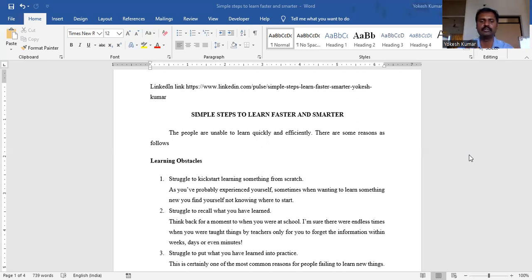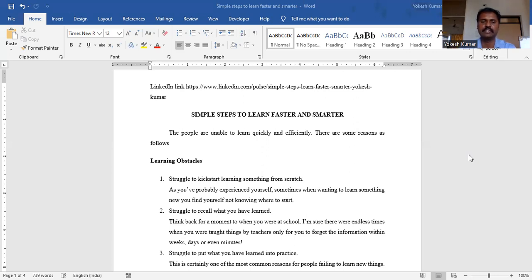When you are browsing the internet, when you are reading a book, or when you are observing contents from video or anything, it is very difficult to grasp the information which is all scattered. So we are struggling with where to start our reading. So it is a major obstacle.